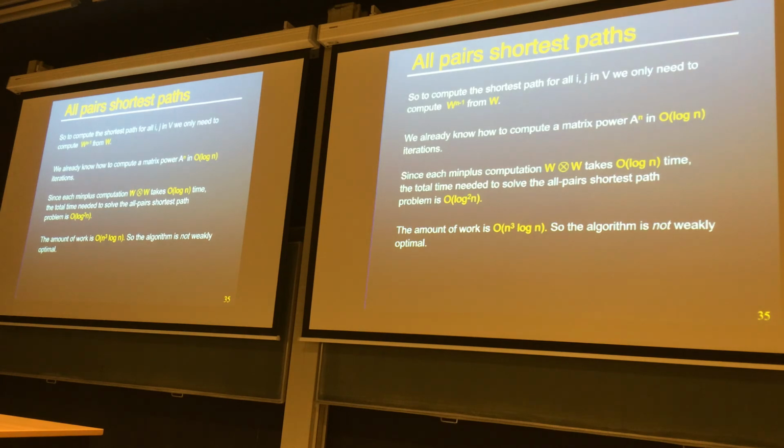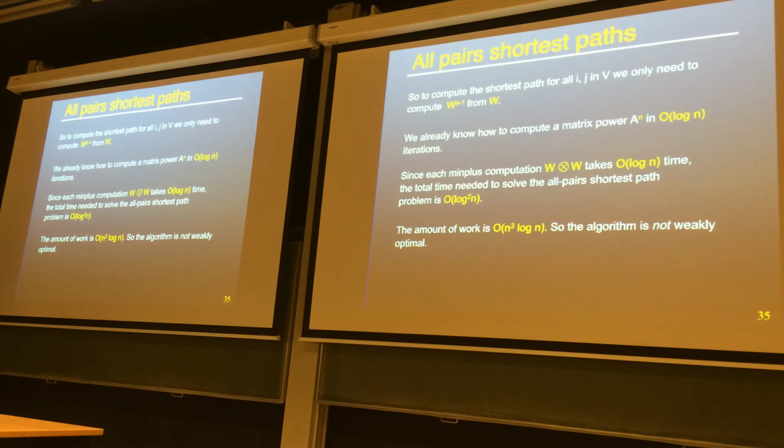Well, we already know how to compute a matrix power in log n iterations. We already know that to perform W with the special min plus operation in a product operation takes O(log n) time. So that means that we have to perform log n times a matrix operation that will cost you log n time, and that means that our total time is log squared n.